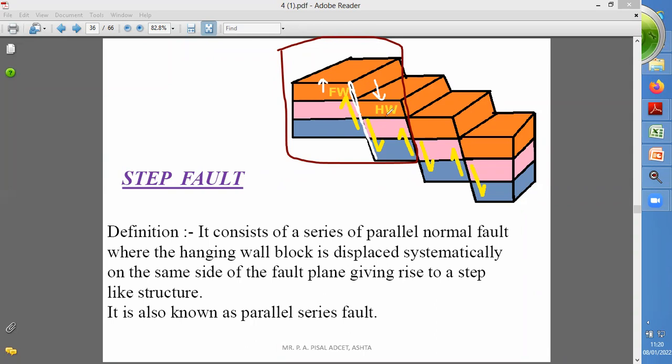Means hanging wall moves downward, footwall moves upward. This is the character of the normal fault. So this type of fault is considered a normal fault. Now consider the second and third block.